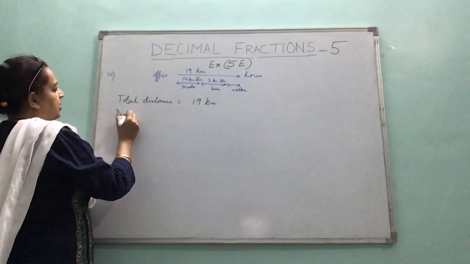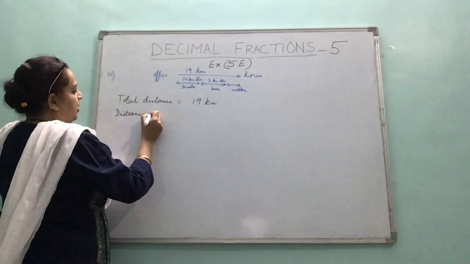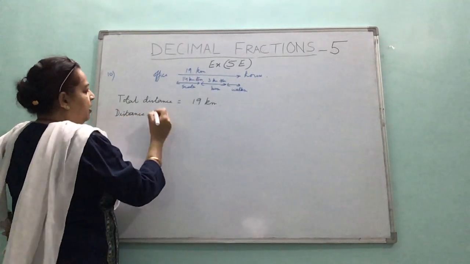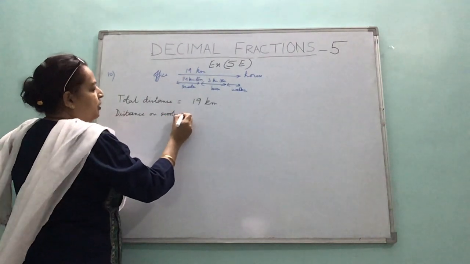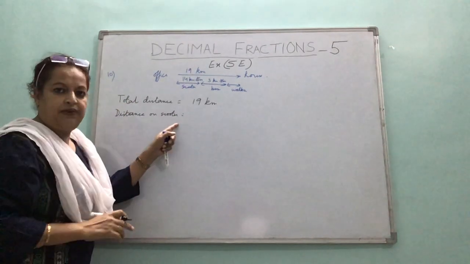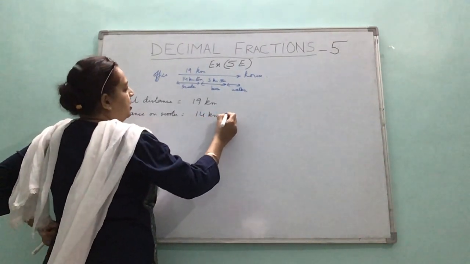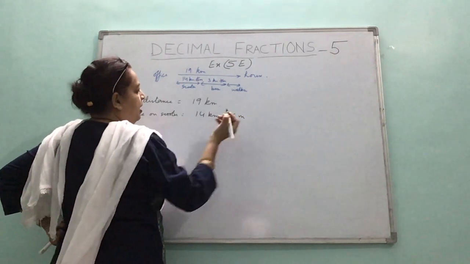Distance covered on scooter. Well, I am using lesser words, but this message is clear that this is the distance covered on scooter. 14 kilometer, 65 meter. Well, you know what to do.